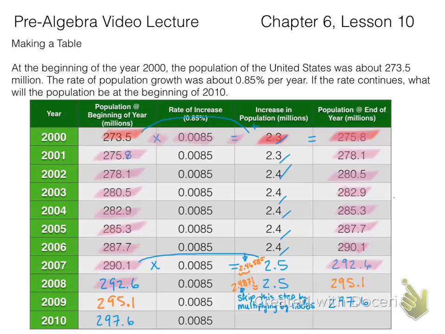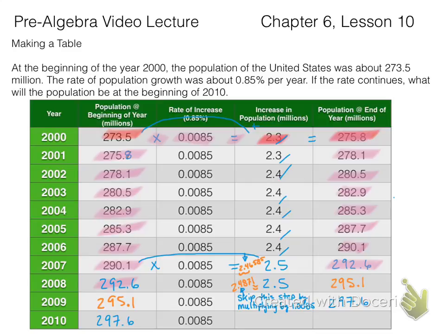So if I am doing an increase, I'm taking the original amount plus 0.0085 more, or 0.85% more. So it's multiplying by the percent increase plus 100% and still getting the same answer.